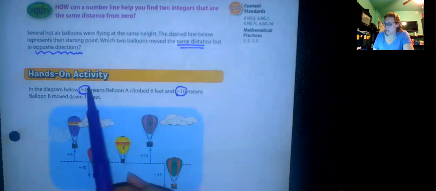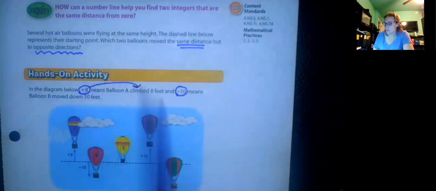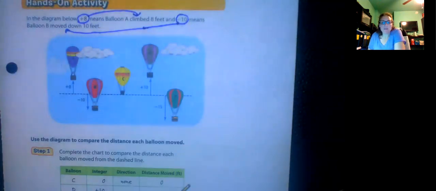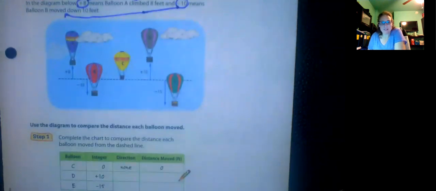So positive 8 tells us that it climbed. Negative 10 means that it moved down. It says use the diagram to compare the distance each balloon moved. Complete the chart and compare the distance each balloon moved from the dashed line.